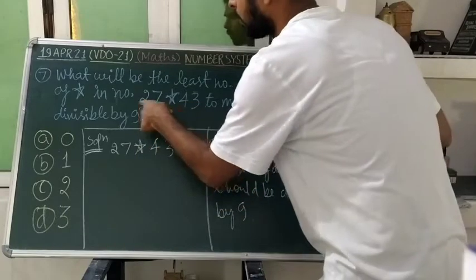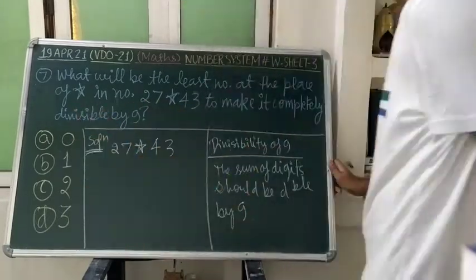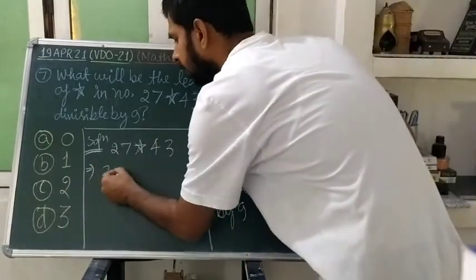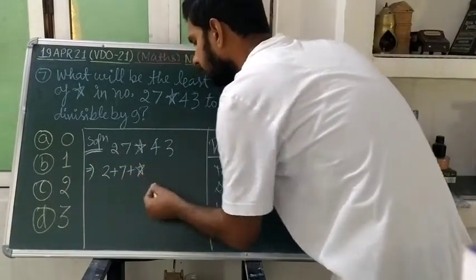This has five digits. So in this what will we do? We will add the digits.